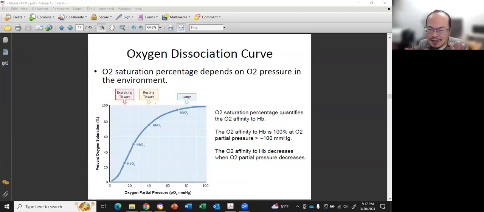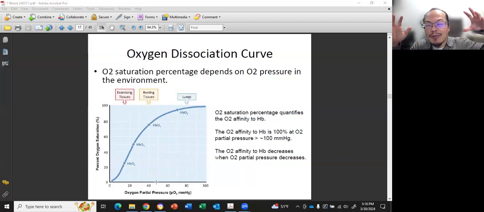And so in the cells, it's a very different environment. It's not like air. In the tissues of our body, the oxygen level is very low. So the oxygen partial pressure will drop to about 40 mmHg. With that, you don't maintain that huge push of oxygen to bind on hemoglobin. That push becomes much less.